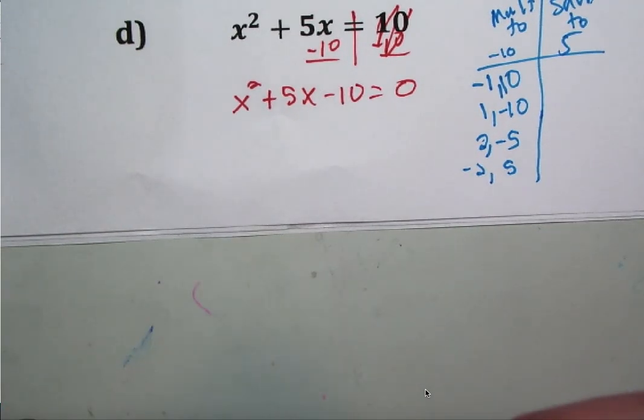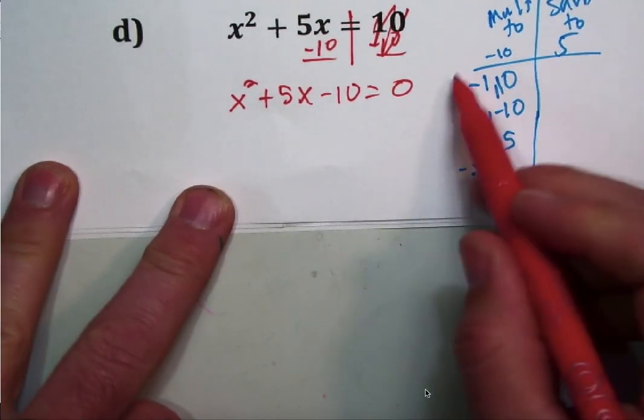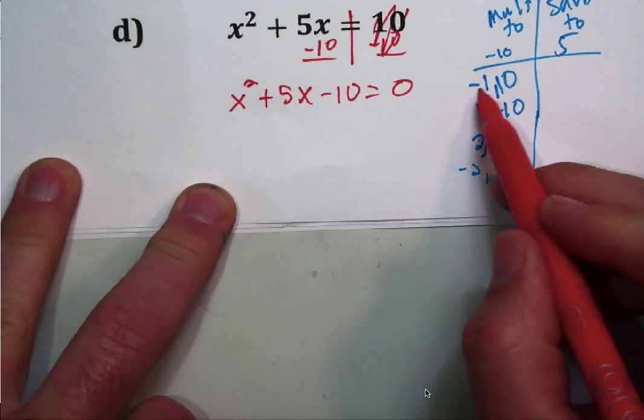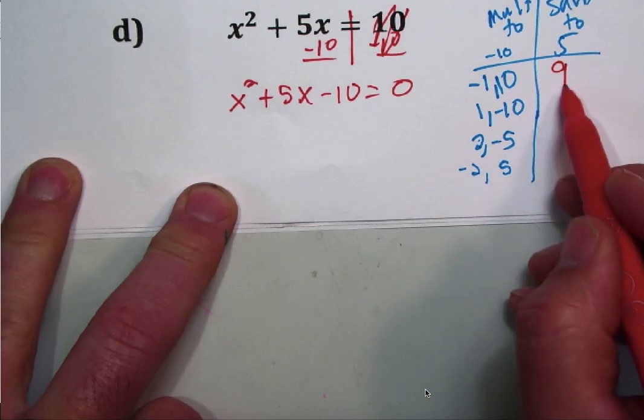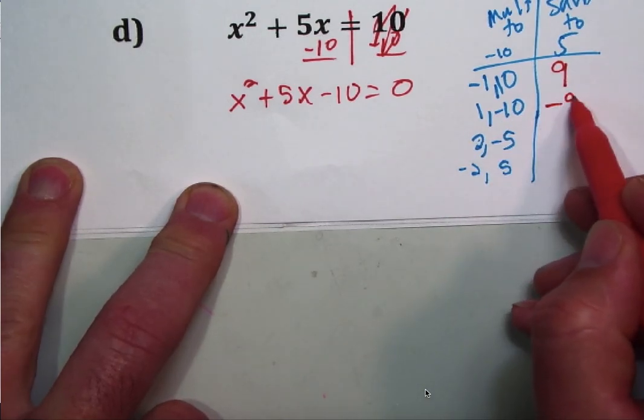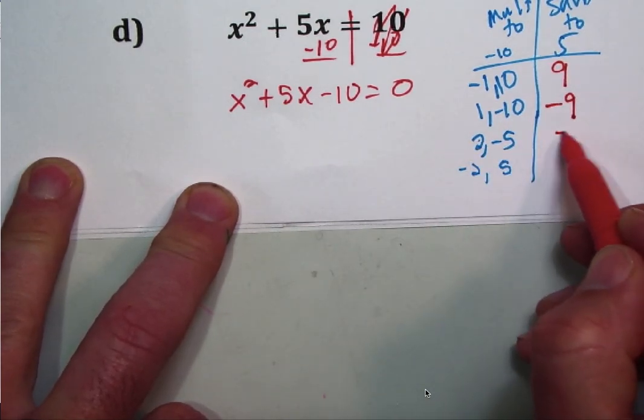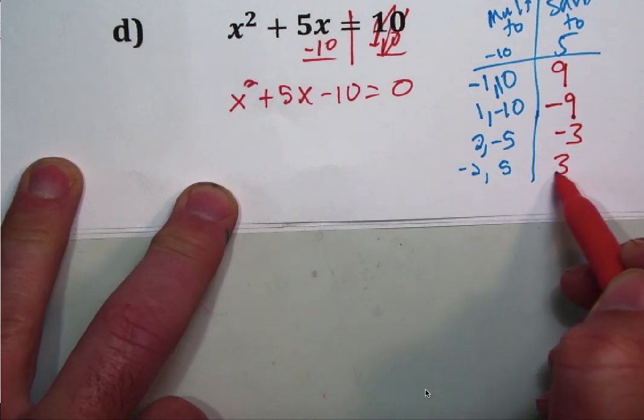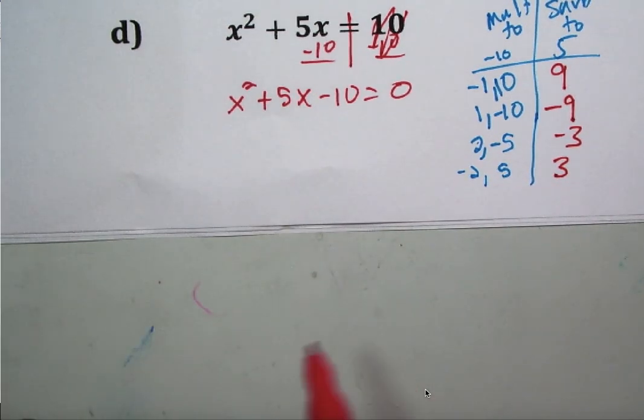Those are all the whole number pairs that multiply to negative 10. Now let's check. Negative 1 plus 10 is 9. This is negative 9. This is negative 3, and this is positive 3. So which pair adds to 5?